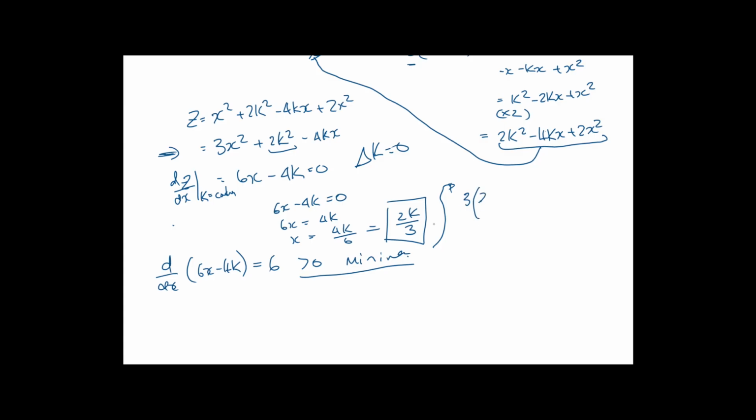We want 3 times 2k over 3 squared plus 2k squared minus 4k times 2k over 3, not squared, z.